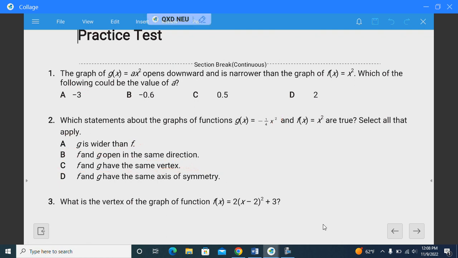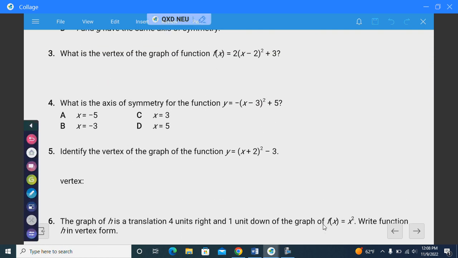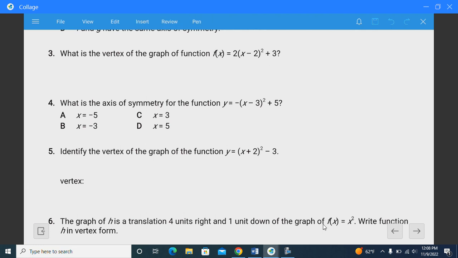Next, number 3. What is the vertex of the graph of the function f of x equals the quantity of x minus 2 squared plus 3? Again, let's use the vertex form, y equals a times the quantity of x minus h squared plus k.